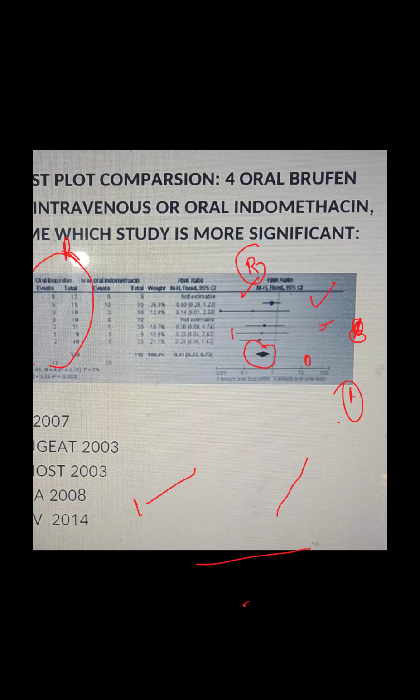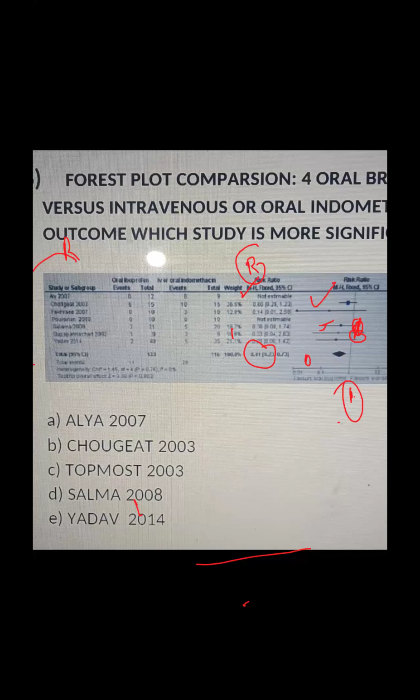Second thing is that you can look at the p-values as well. In the last part, because this is quite blurred, if you look at the last study part over here, you can see the p-values mentioned over here. If the p-value is less than 0.05, that means the study is statistically significant. Okay, that's all.